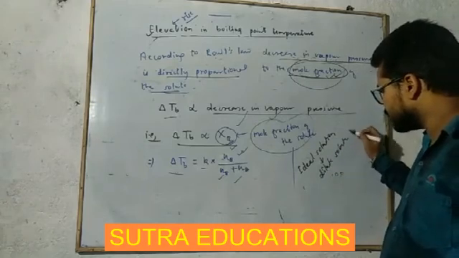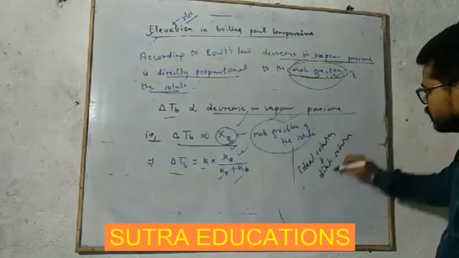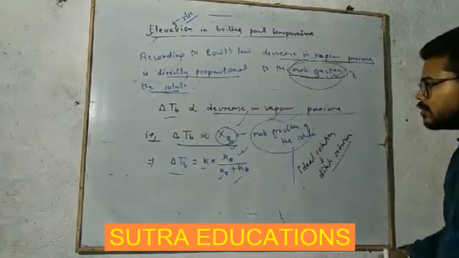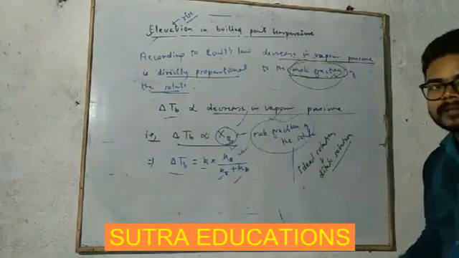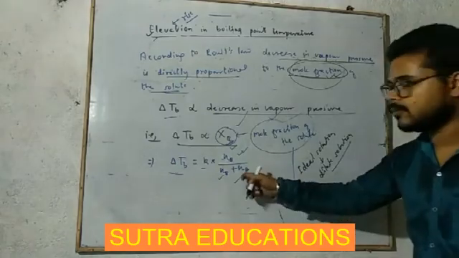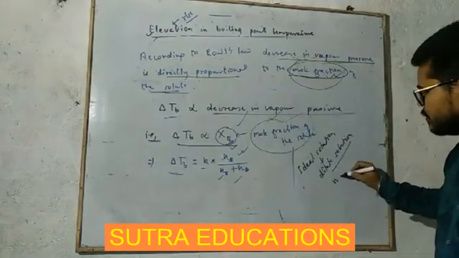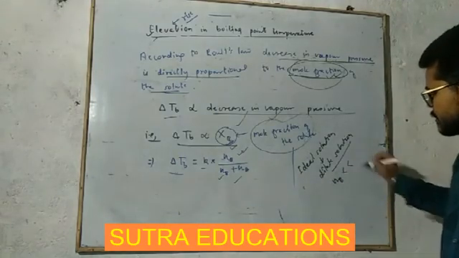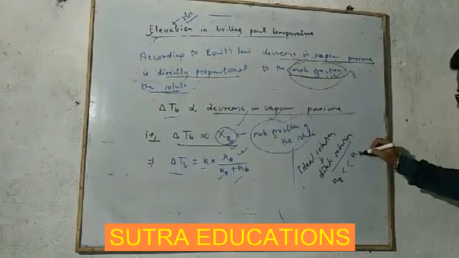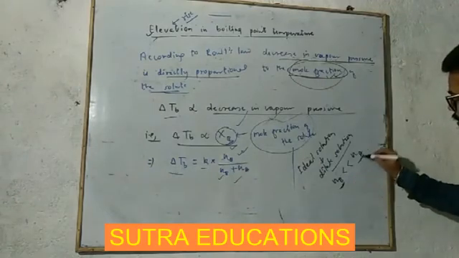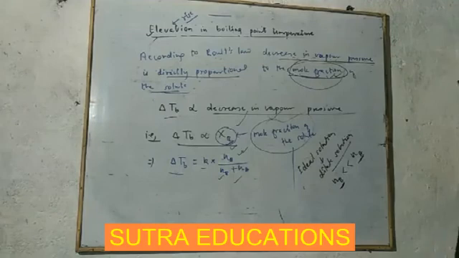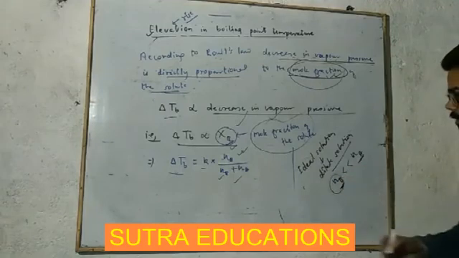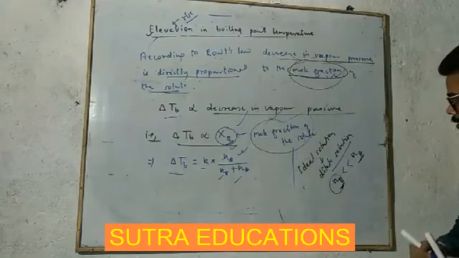If it is a dilute solution, the number of moles of solute will be less than the number of moles of solvent, means Nb is less than Na. So we can neglect the number of moles of solute.